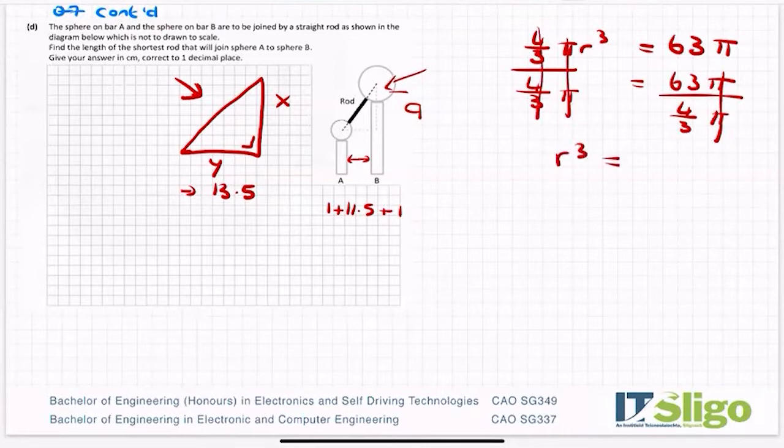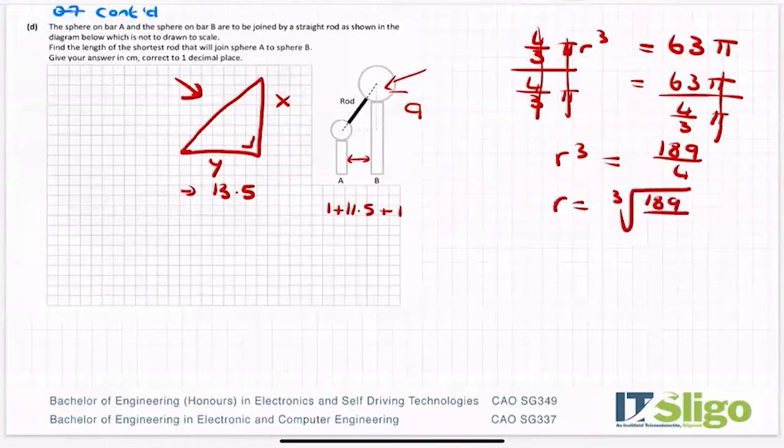So 63 divided by 4/3 is 189 over 4. And if I cube root that, I'm getting my radius to be equal to 3.62.